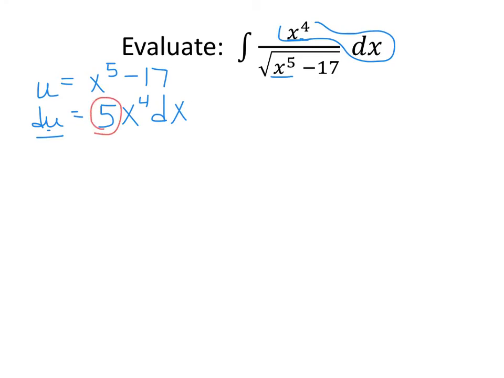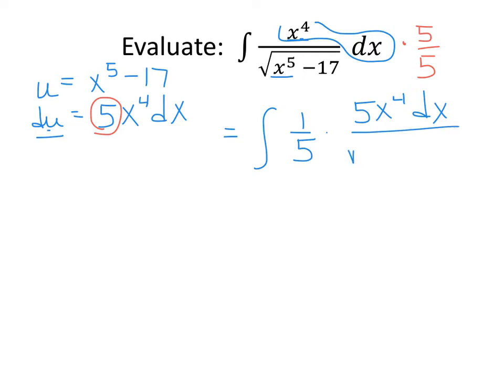Well, I can't just throw a 5 into an equation, but I can do anything that's equal. So I can take the original integral and multiply by 5 divided by 5, because this is just equal to 1. Rewriting, I'd have the integral of 1/5 times 5x to the fourth dx over the square root of x to the fifth minus 17.